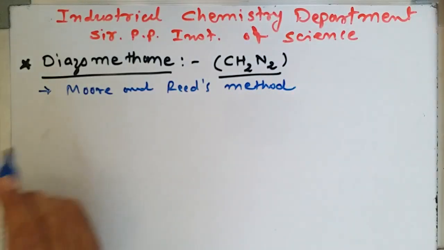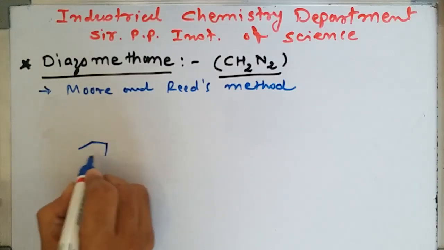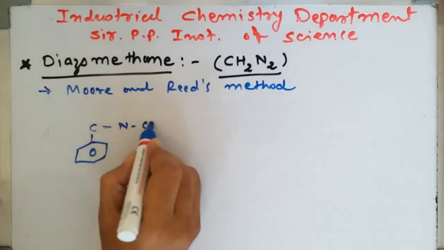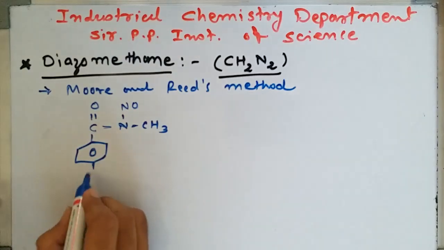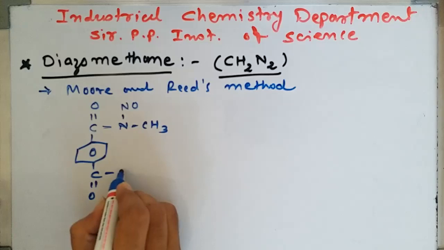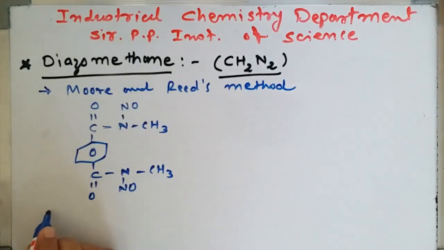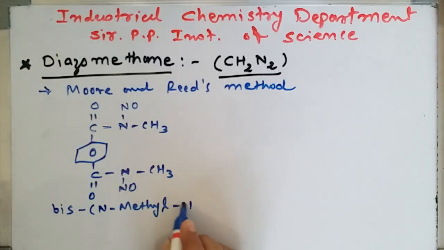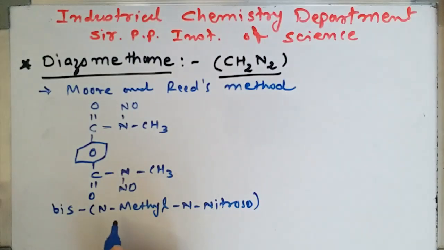Moore and Reed take a compound, namely bis N-methyl N-nitroso terephthalamide.